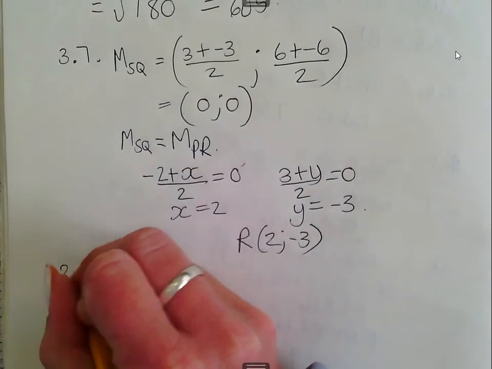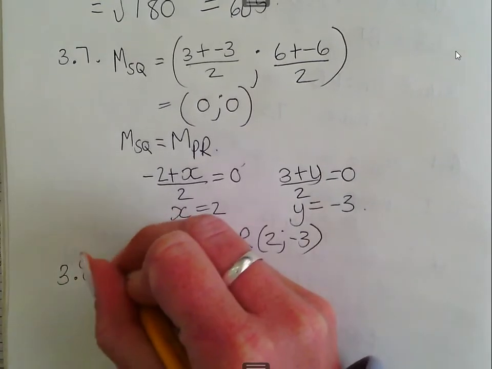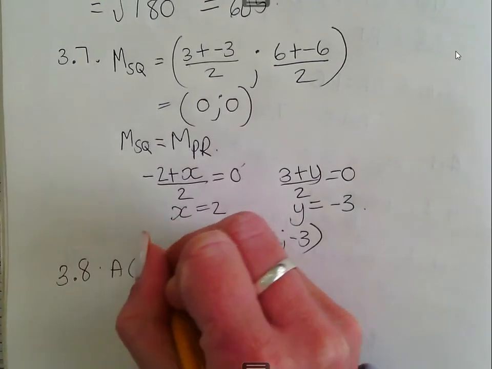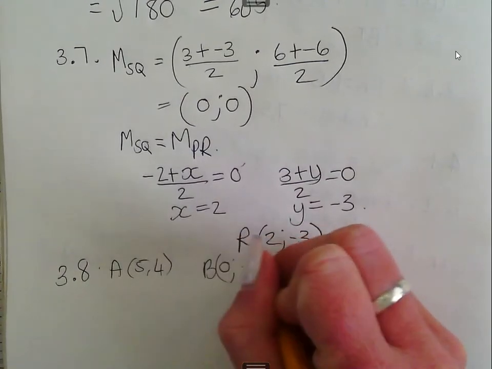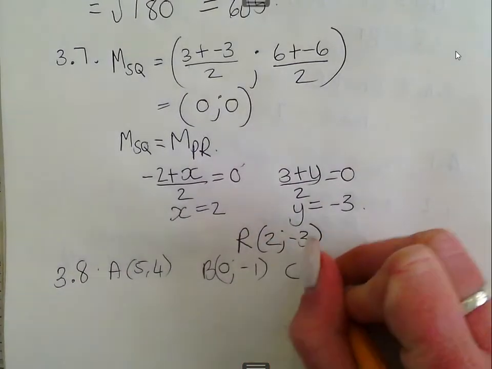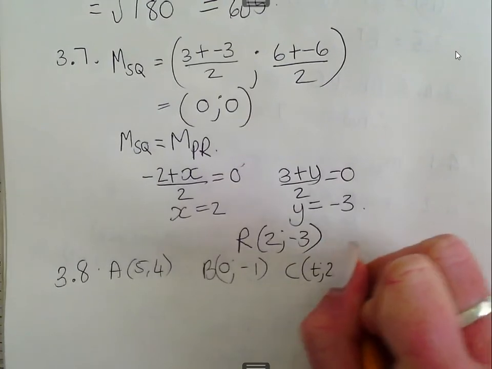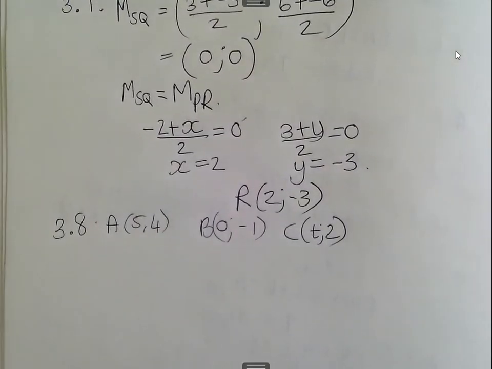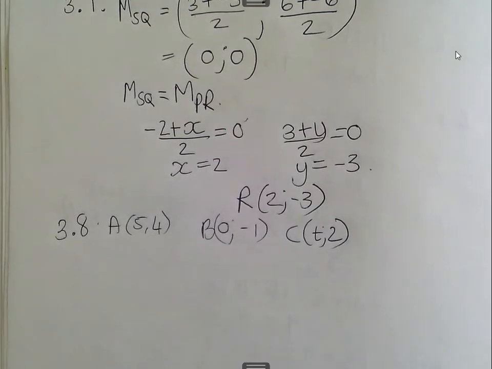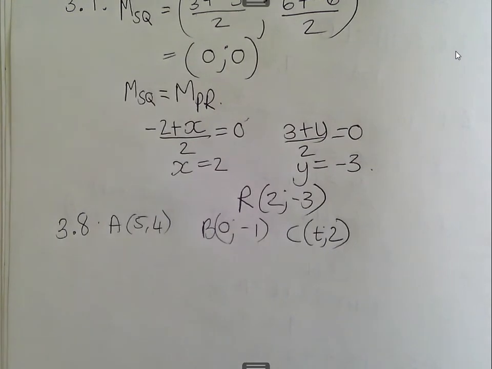Okay, 3.8. They said A is 5 and 4, B is 0 and -1, and then C is t and 2. Now we haven't had the collinear question in one of the other questions, so I want us to specifically look at this one. They are telling you that these points are collinear. They want you to find the value of t.